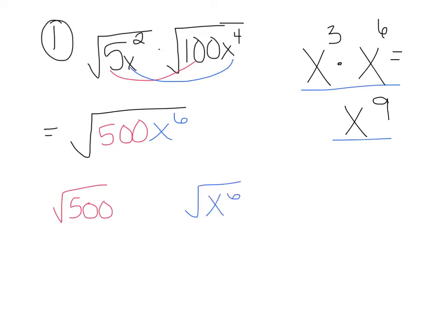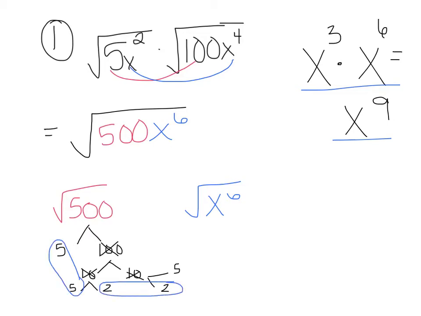I'm going to break the 500 apart into 5 times 100, and 100 breaks down into 10 and 10. 10 breaks down into 5 and 2, and the same thing with the 10 over here, 5 and 2. So it looks like we have a pair of 5s right here, and a pair of 2s right here.